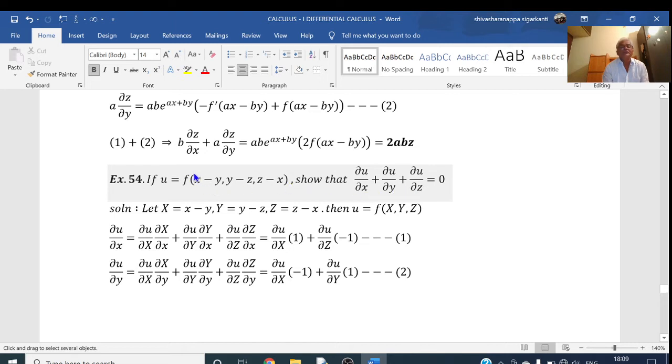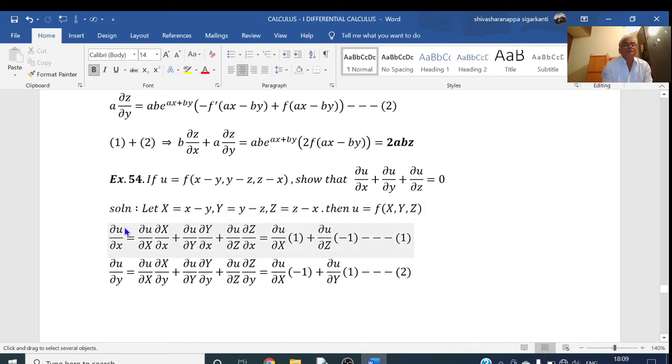Let me take x−y as capital X, y−z as capital Y, and z−x as capital Z. Then we can write u as a function of capital X, capital Y, capital Z, and here X, Y, Z are functions of small x, y, z.